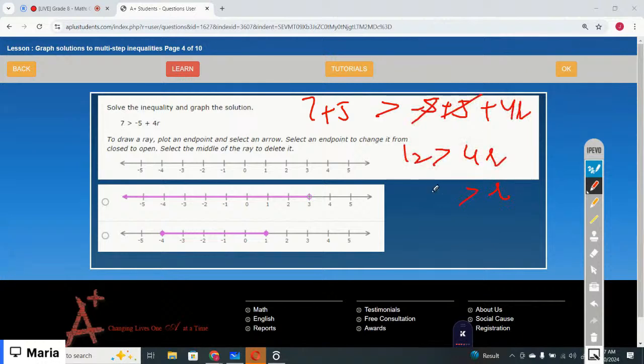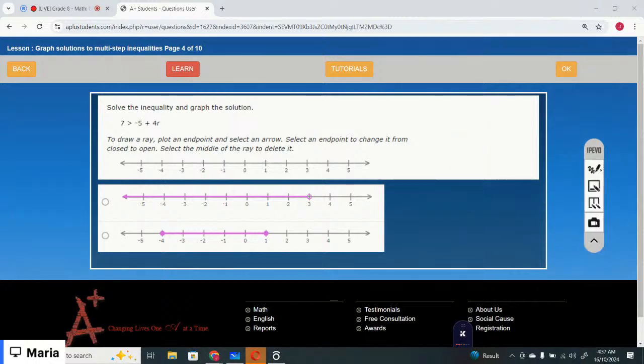So r is greater than 3. 3 is greater than r. That means r is less than 3. So which is the correct option? Option number 1 is the correct option. Got it?